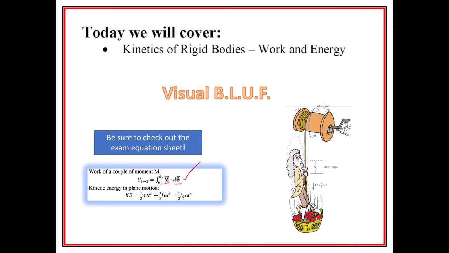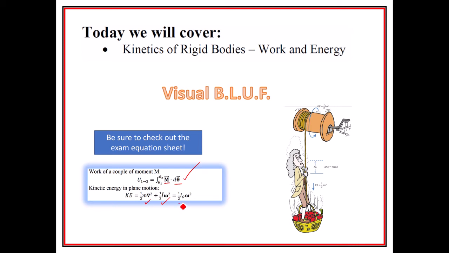We also have an additional term for the kinetic energy. We still have translational kinetic energy, 1/2 mv squared. But now, if there is a rotating body that has a mass moment of inertia that resists motion, we also have its angular kinetic energy, if you would put it that way.